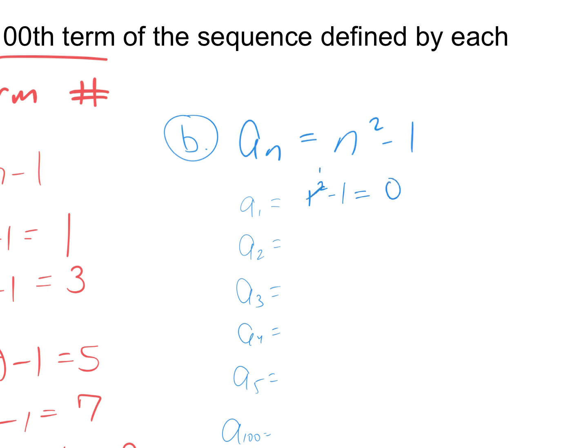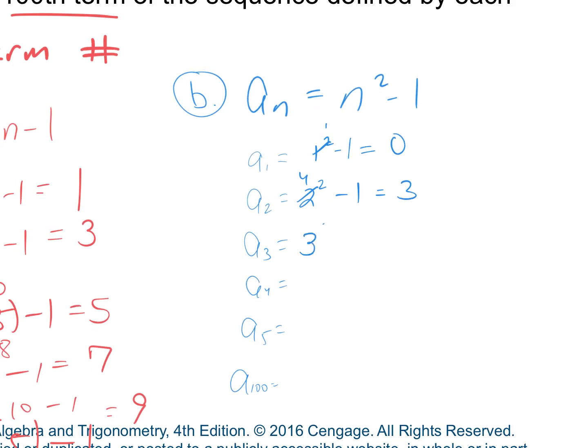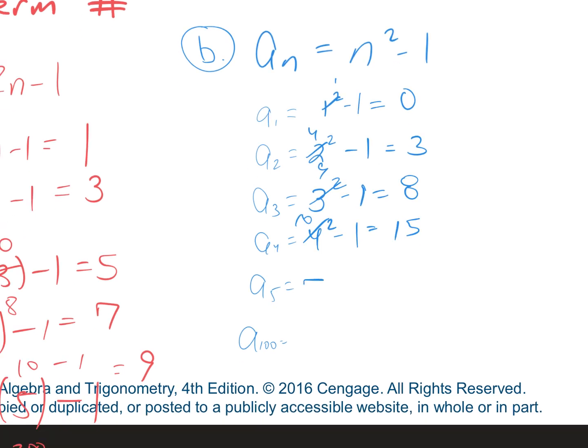All right, so then I'm going to plug in 2. So 2 squared minus 1. What's 2 squared? 4, and 4 minus 1 is 3. So now 3. So I have 3 squared minus 1. What's 3 squared? 9, and 9 minus 1 is 8. Good. So 4 squared minus 1. What's 4 squared? 16 minus 1 is 15. 5 squared minus 1. 25 minus 1 is 24.